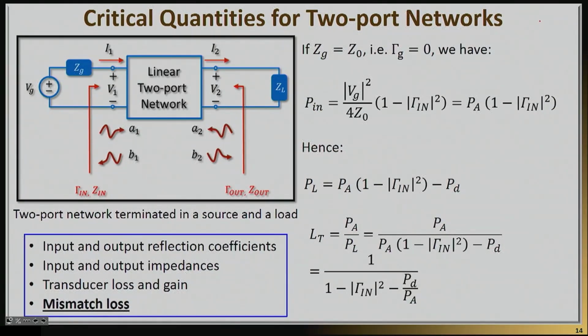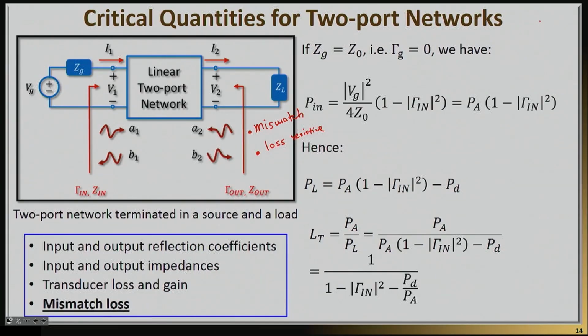Finally, there is this thing that we call mismatch loss, which we have covered a little bit before. The whole point about mismatch loss is that we can essentially attribute part of the loss that we are not getting to our load to mismatch, meaning part of the power that we're missing and does not go to our load is due to mismatch, and part of it is simply resistive, meaning ohmic losses.